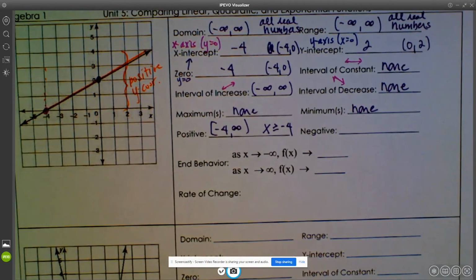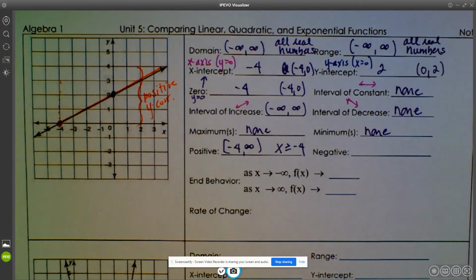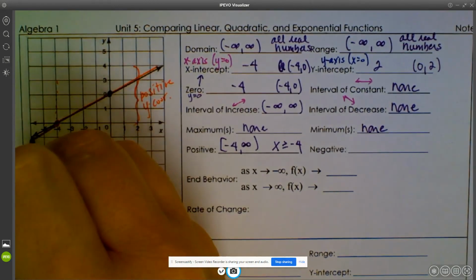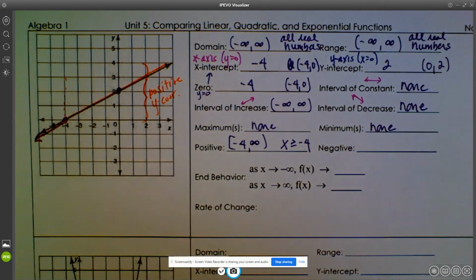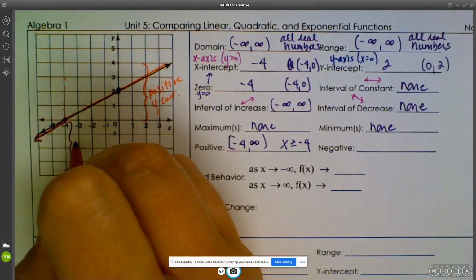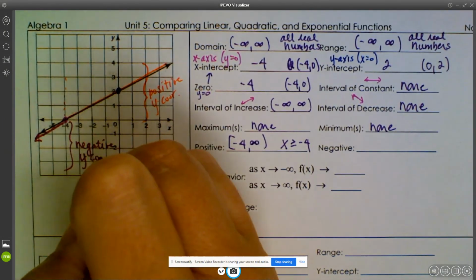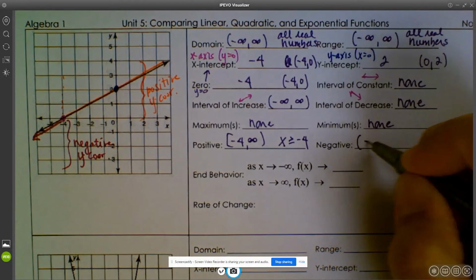So of course, if I'm going to ask you where the graph is positive, I'm going to ask you where the graph is negative. And let's see where that occurs. Well, that occurs here. Okay, so from here down, all of my y coordinates are negative. So that happens from -infinity to -4.